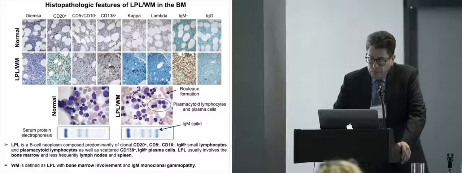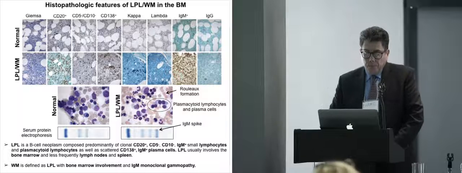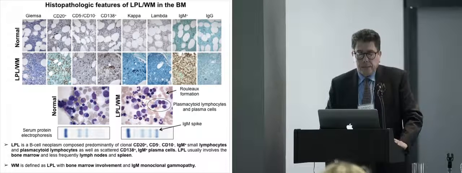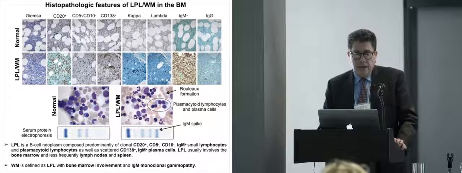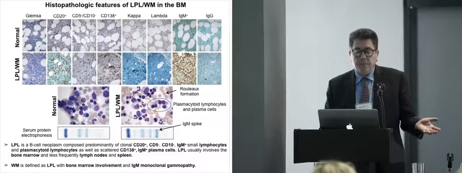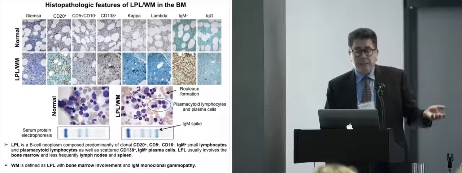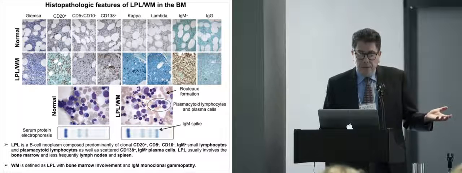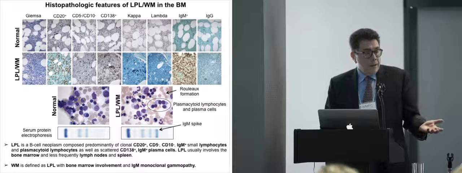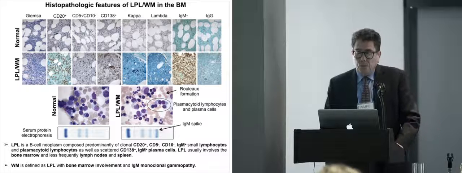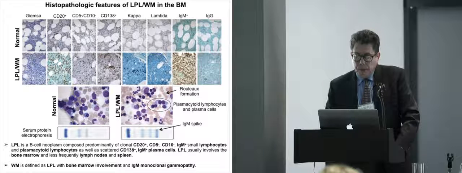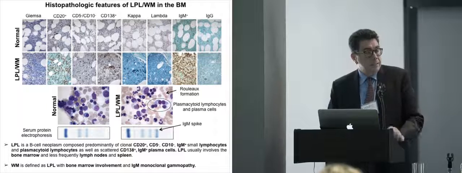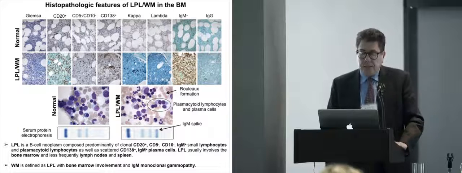As you remember, Waldenstrom is a B-cell neoplasm, B cells that proliferate, and those cells are characteristically CD20 positive, CD5 negative, CD10 negative, and IgM positive. In addition to those lymphocytes, it was said before that patients with Waldenstrom do have lymphoplasmacytic cells and plasma cells that are very characteristic of this disease.